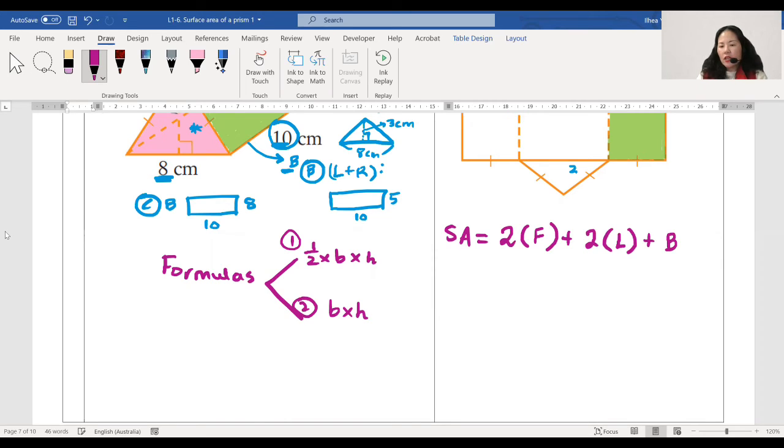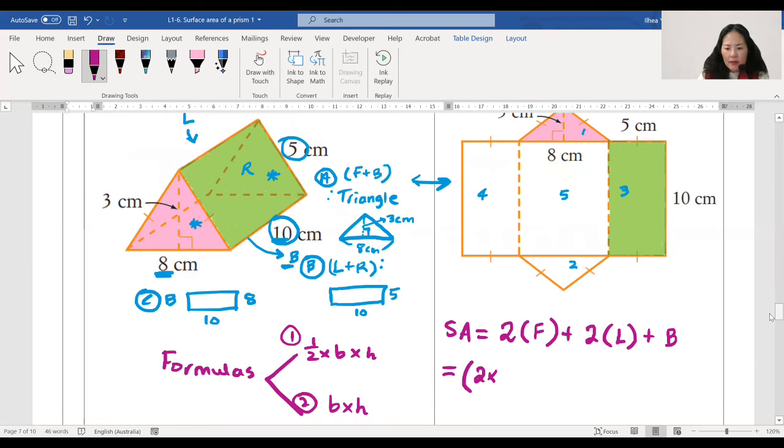So as you can see, total faces we have on the triangular prism here is 5. Now I'm going to put all the measurements here. So I'm going to go 2 times, front and the back, 2 times, now triangle is half times what is the base?